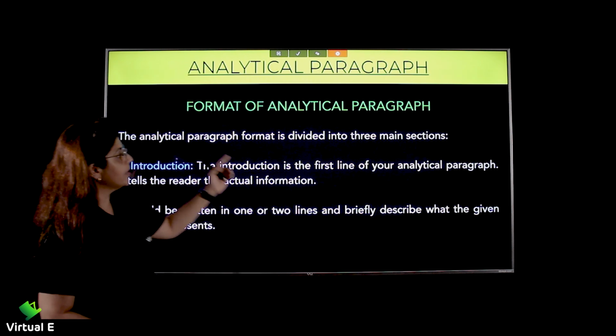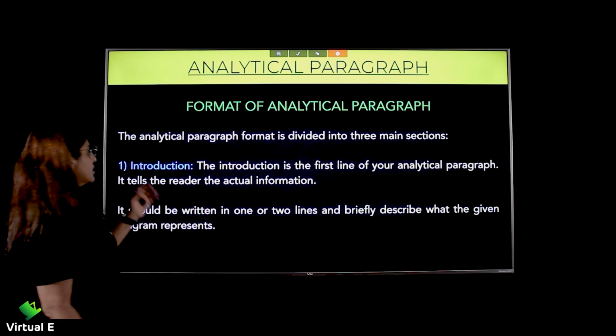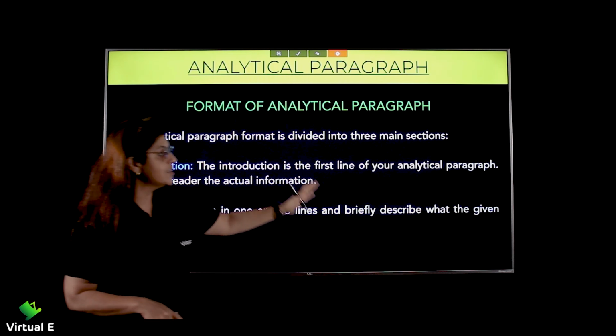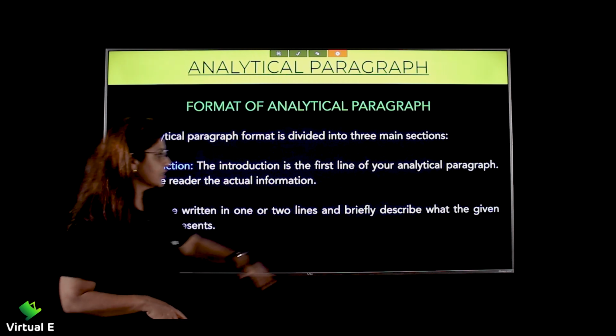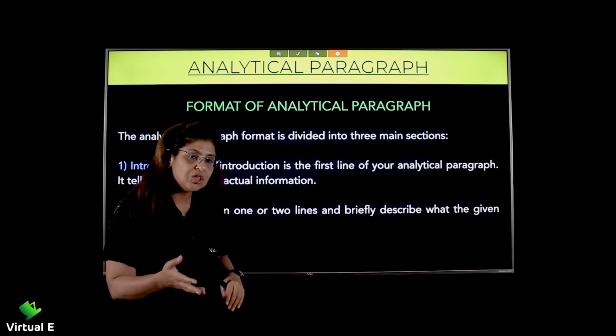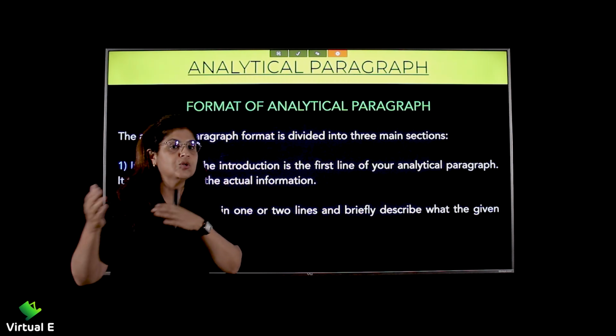The analytical paragraph format is divided into three main sections. What are they? First is your introduction. The introduction is the first line of your analytical paragraph. It tells the reader the actual information, so it tells you what exactly you are going to talk about.